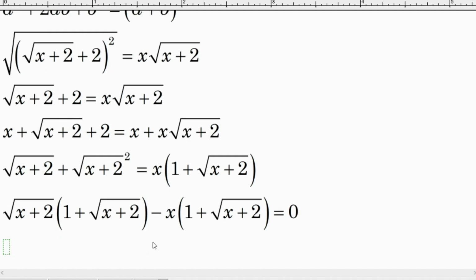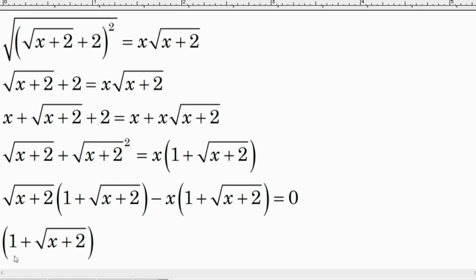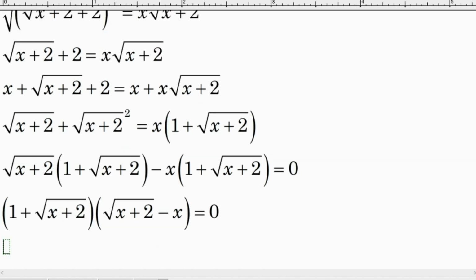Now we have the same factor here, so we can take it in common. We get (1 plus square root of x plus 2) times (square root of x plus 2 minus x) equal to 0.